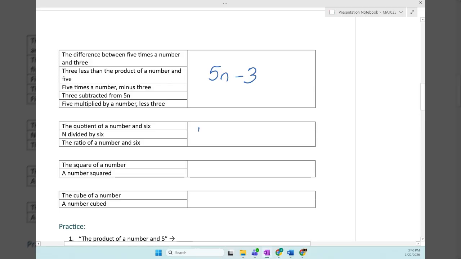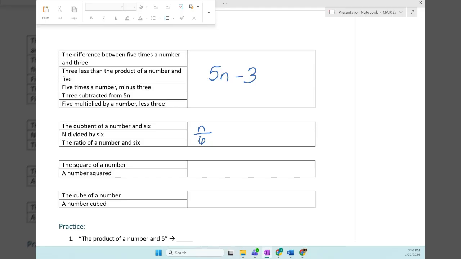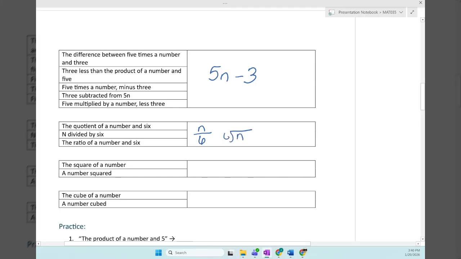We have some number and 6. Okay, we can write it that way. It looks like a fraction or a ratio. We can also say that we have n divided by 6.